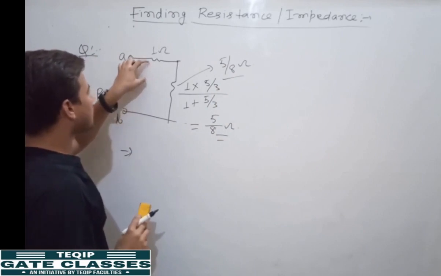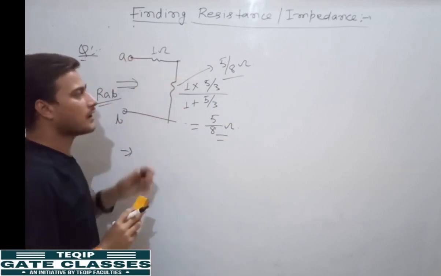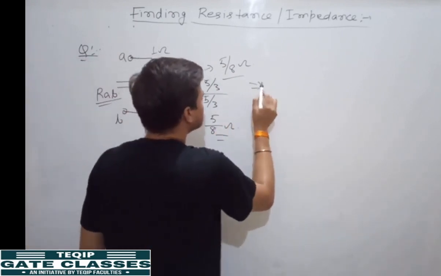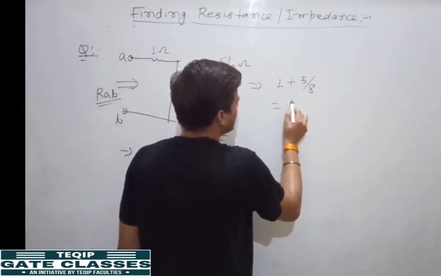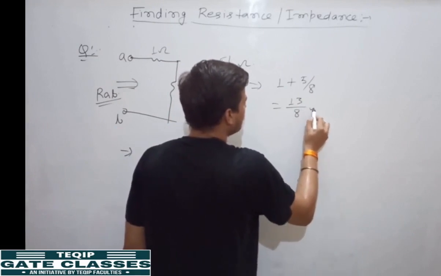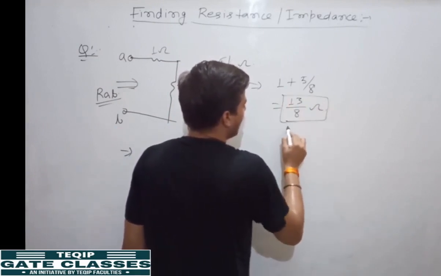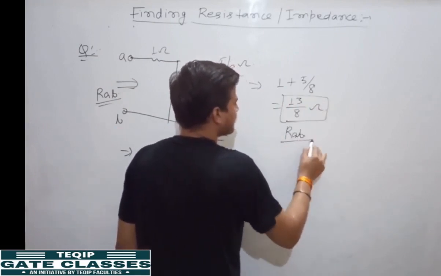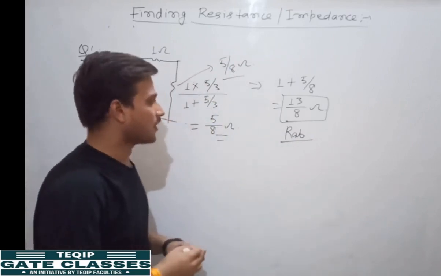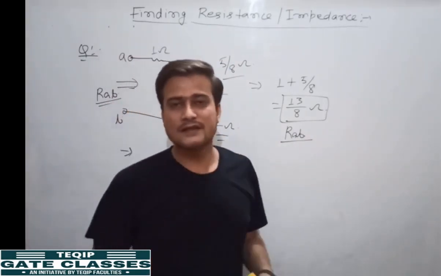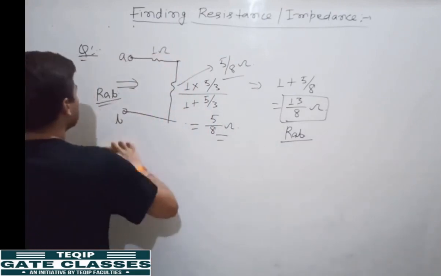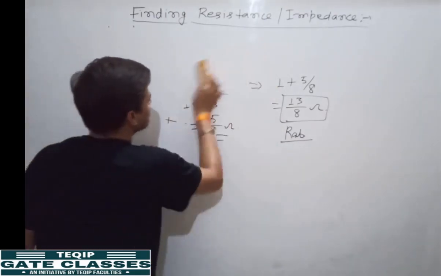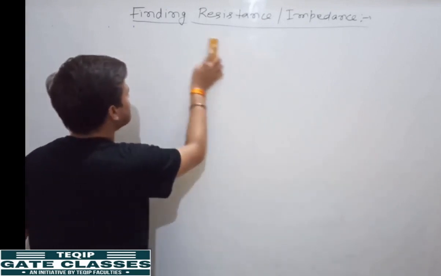Here 1 ohm and 5 by 8 ohm are connected in series. So its answer will be 1 plus 5 by 8, that means 13 by 8 ohm is the value of RAB, the resistance seen from the terminals A and B. Clear? Let us discuss another question on the same concept.